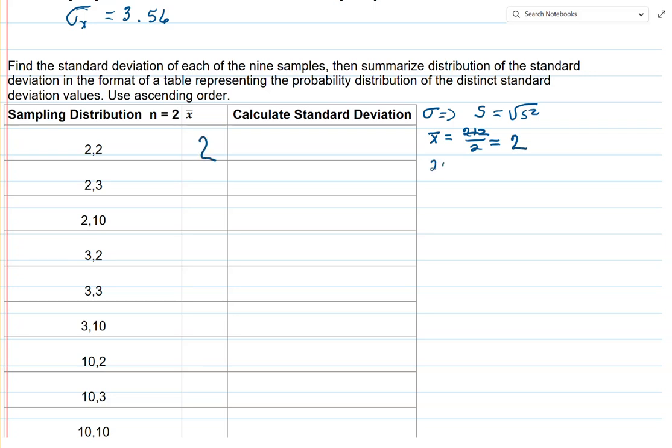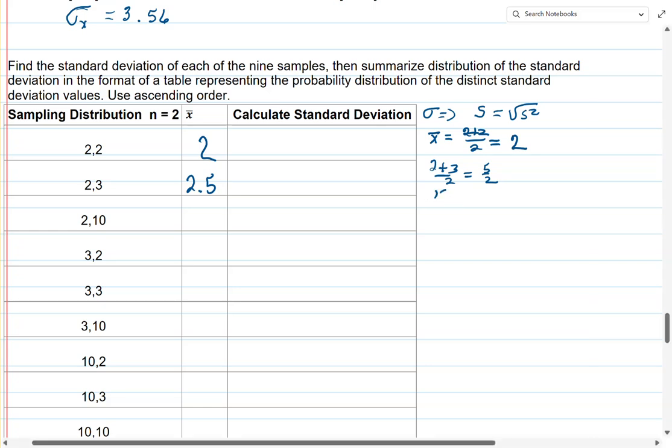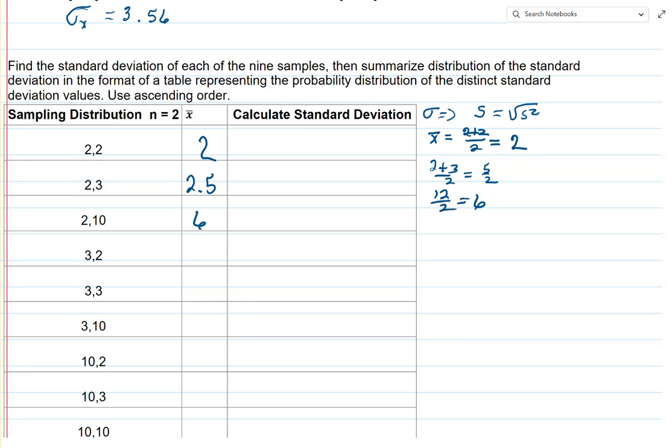And now we have the 2 plus the 3 divided by 2, 5 halves, 2 1/2. Now the 2 plus the 10 is 12, divided by 2 is 6. The 3 and 2 is the same, so this is a 2 1/2.